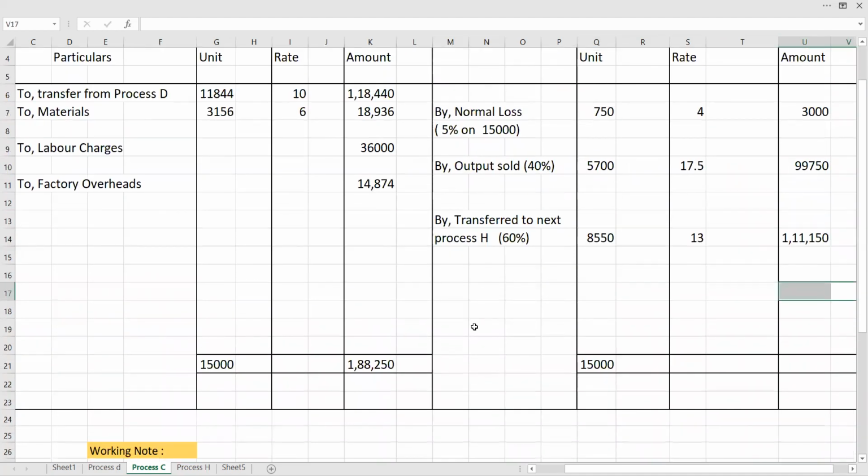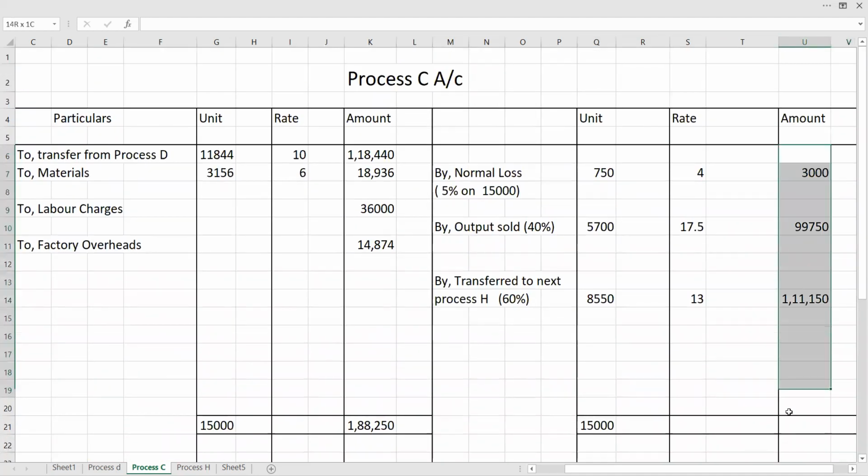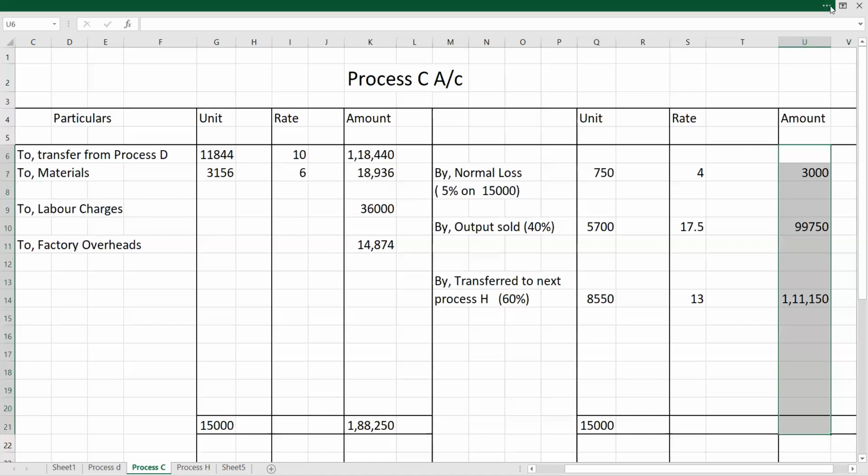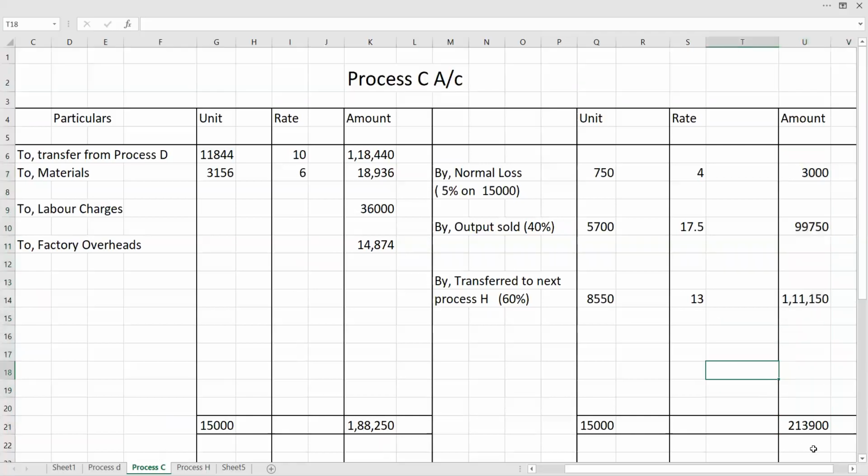Now we will take a total of this credit side's amount column, and the answer is 2,13,900, and the total of debit side is 1,88,250. So here is a difference. आता इथे difference येतोय. Difference is in debit side. जेवढा difference येतोय, it should be transferred to costing profit and loss account.